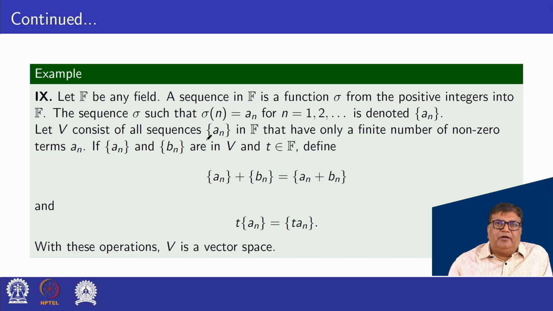Let V consist of all sequences a_n in F that have only a finite number of non-zero terms a_n. If a_n and b_n are in V and t belonging to F, defined as follows: a_n plus b_n equal to a_n plus b_n, and external composition t into a_n equal to t a_n, also belonging to V. With these operations, V is a vector space. So it can be proved as above.